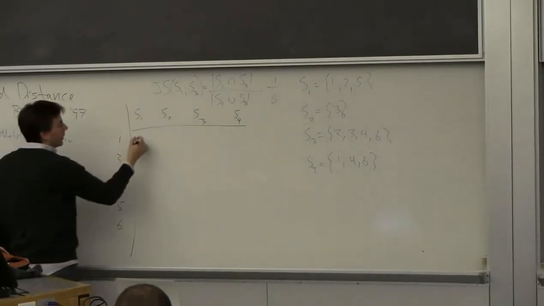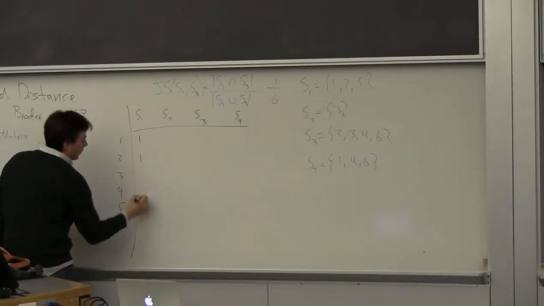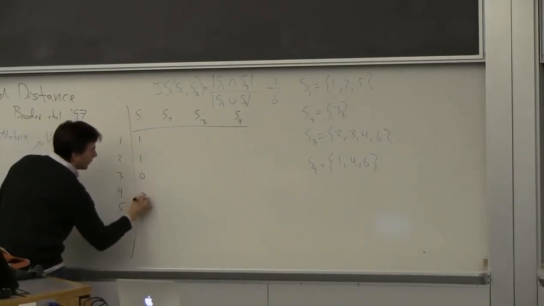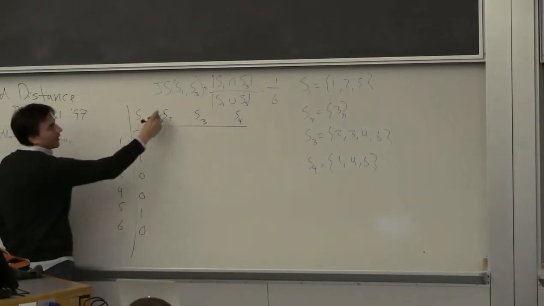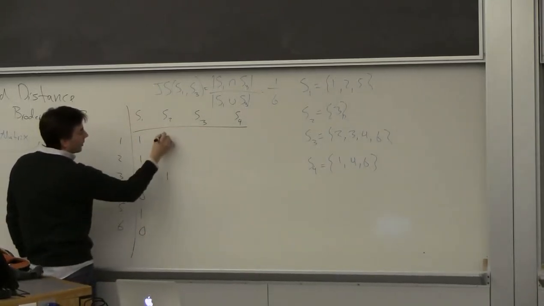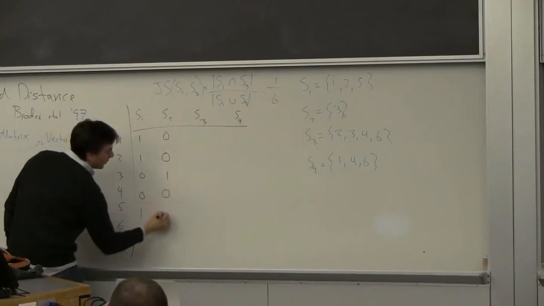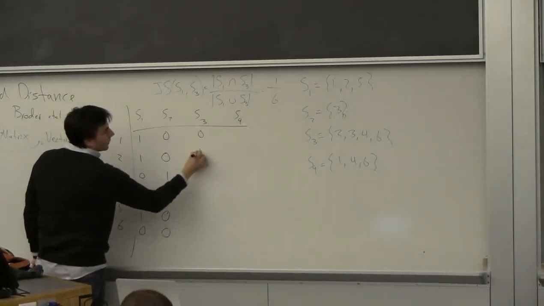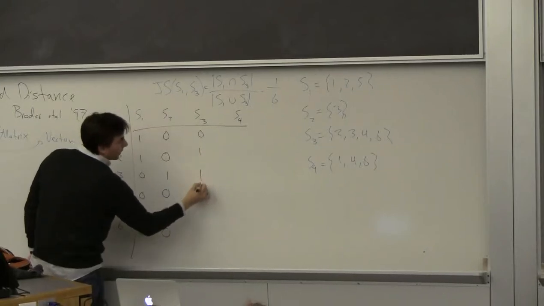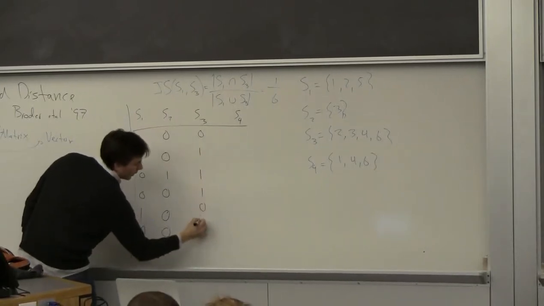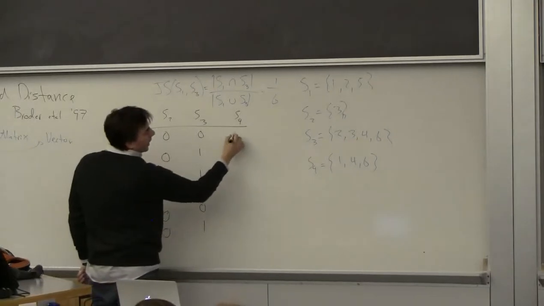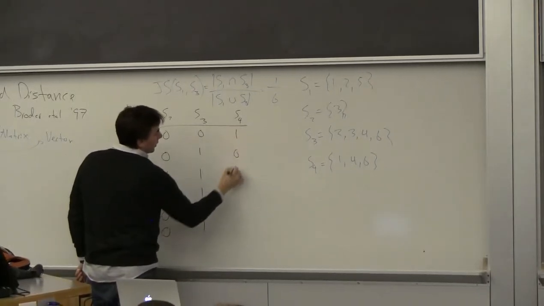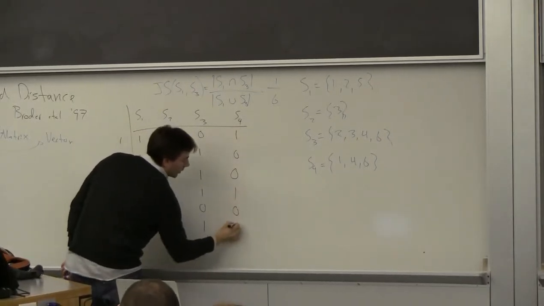So for set 1, it has 1, 2, and 5, and the rest of these are zeros. For set 2, it only has element 3. The rest of these are zeros. Set 3 has 2, 3, 4, and 6. And set 4 has 1, 4, and 6.